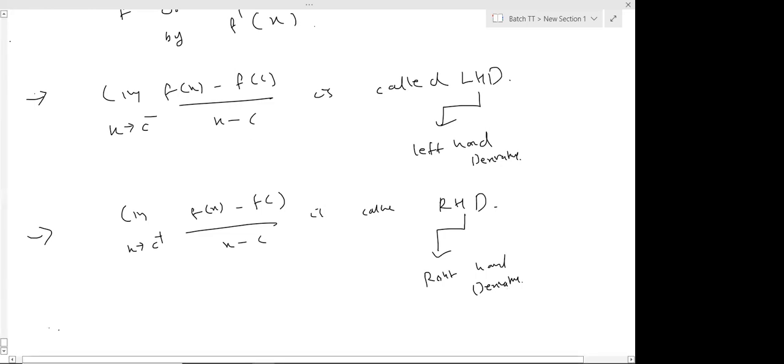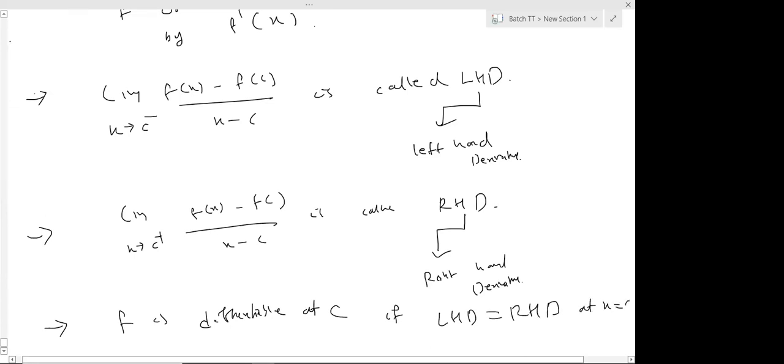You can write down another point: f is differentiable at c if LHD equals RHD at x equals c.